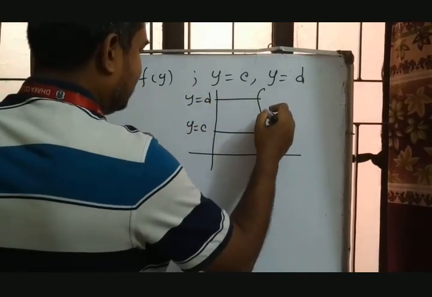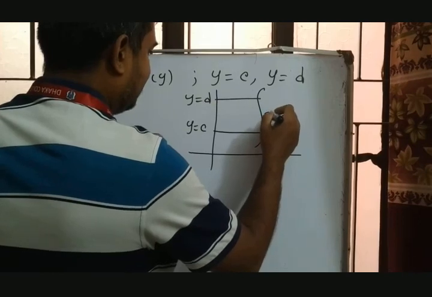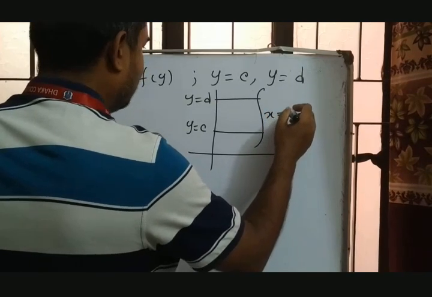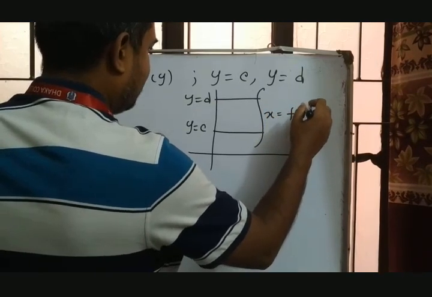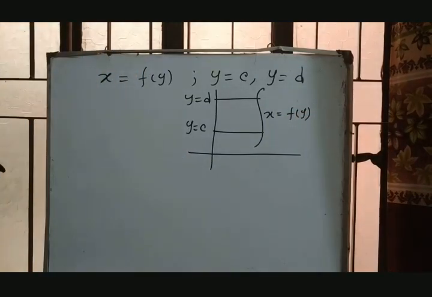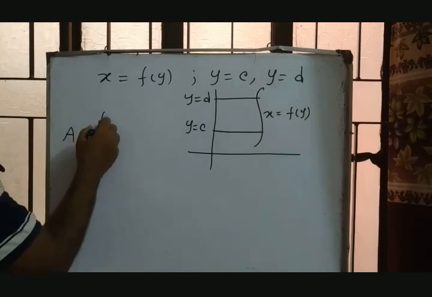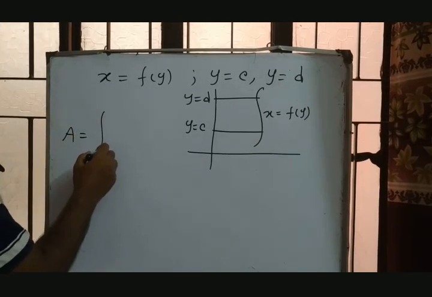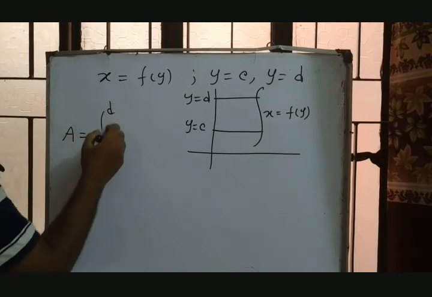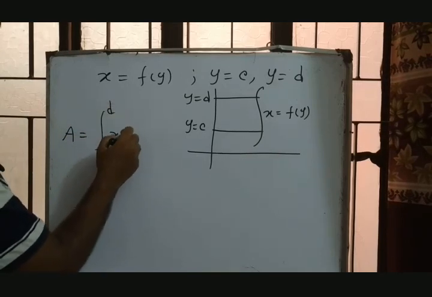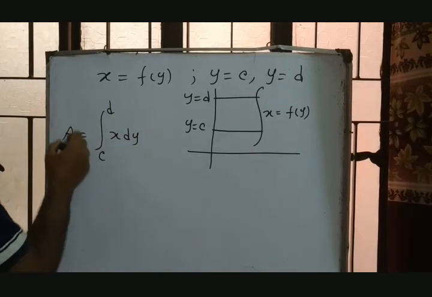This is a function of x is equal to function of y. In that case, the area becomes area is equal to integral over c to d x dy. So this is number 2.